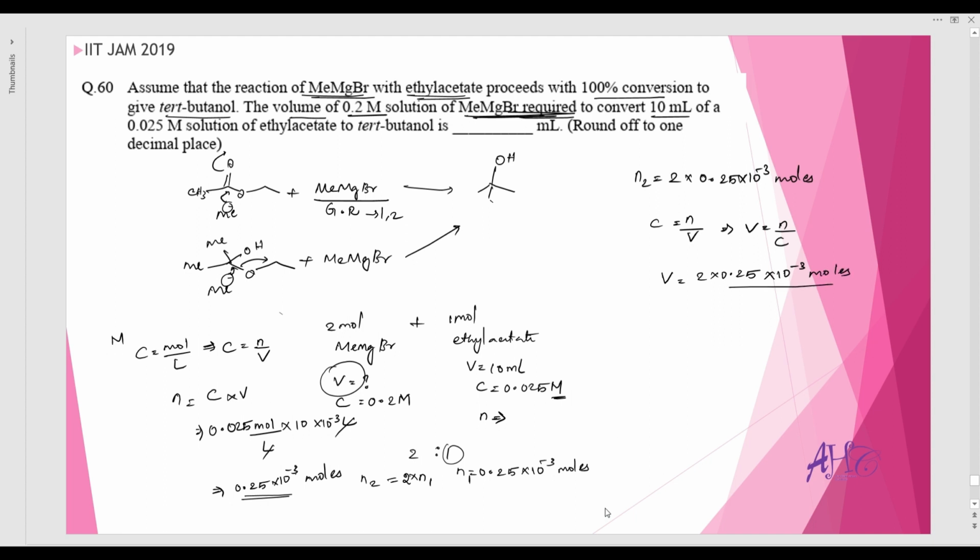They have given 0.2 molar. What is 0.2 molar? Moles per liter.